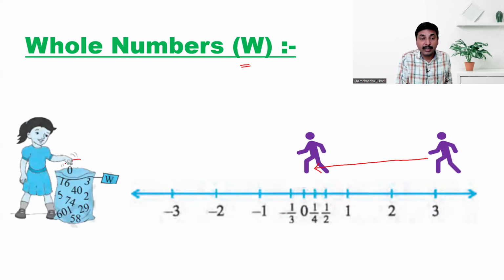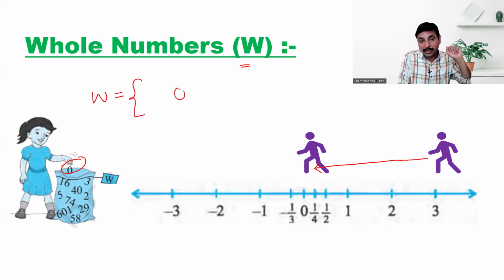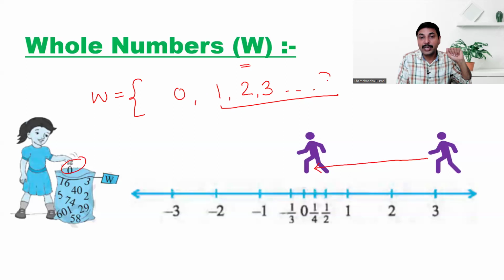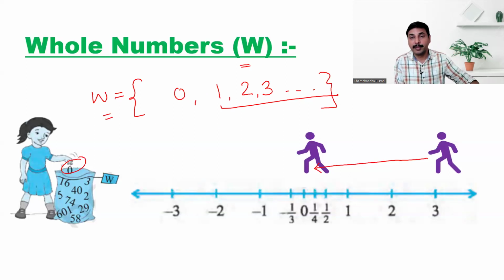So what we are doing is just adding 0 to the group of natural numbers. See, this is 0, I am adding it to the group of natural numbers. These are the natural numbers, we are adding 0 to it, and this resultant group is called the whole number group.